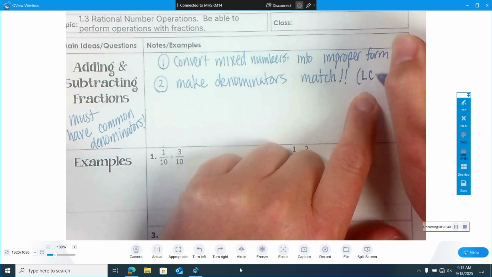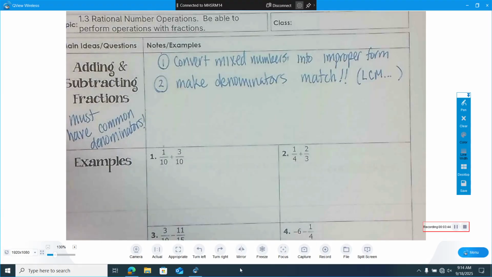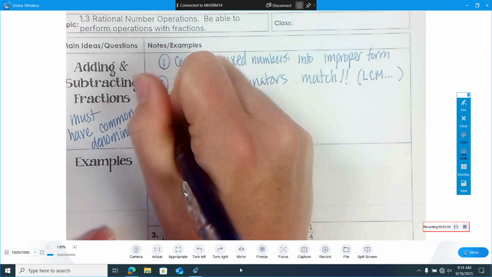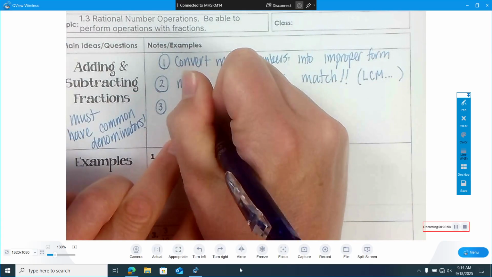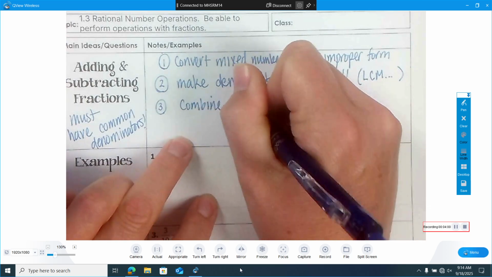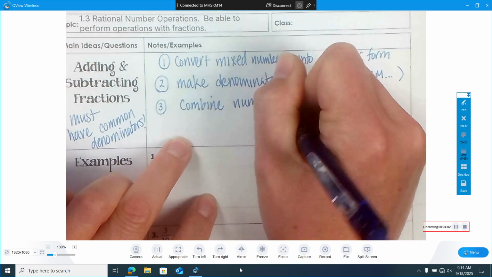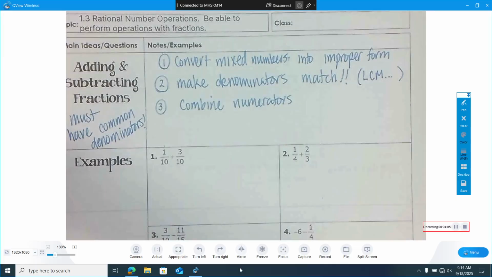Find the least common multiple of those denominators. We do have that little function on our calculator. Once the denominators match, then we are going to combine the numerators, whether it's addition or subtraction, doesn't matter.